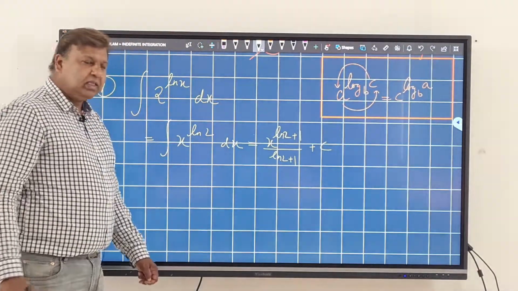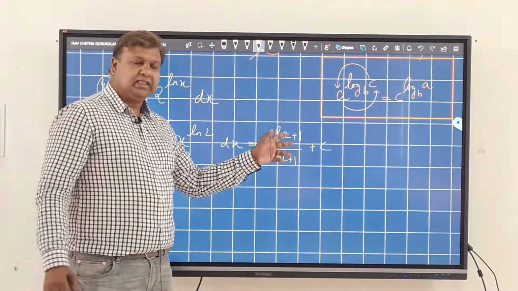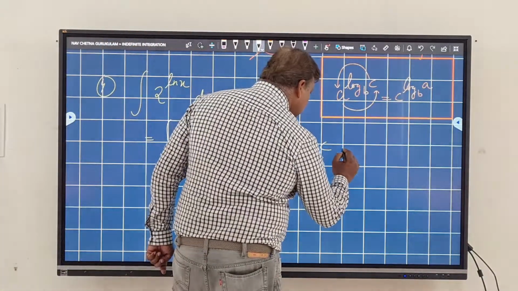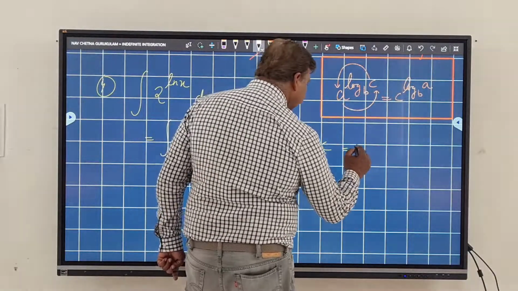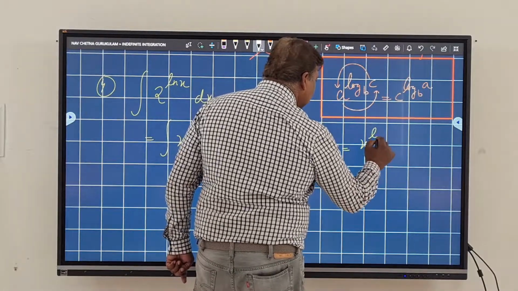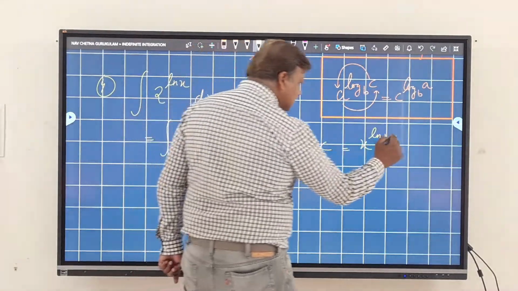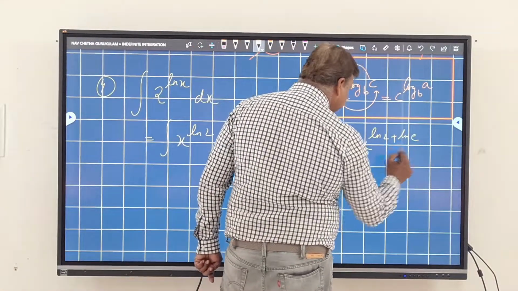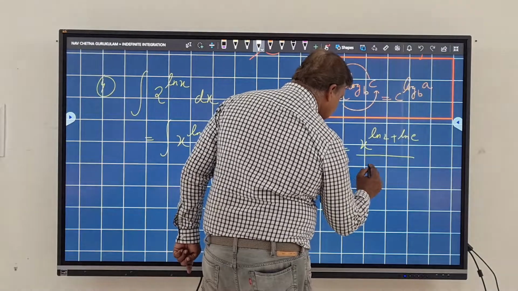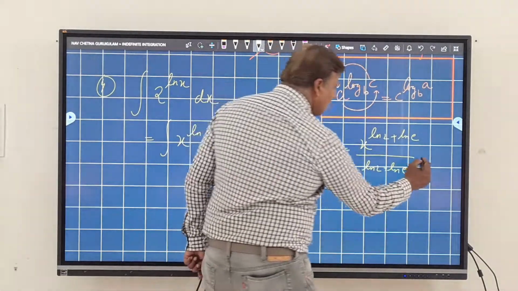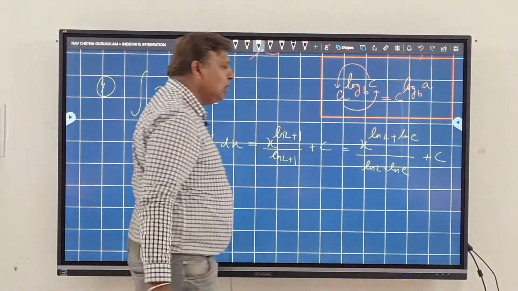You might not find this answer exactly matching with either of the choices given in the question. You may get it in this form. X to the power ln 2 plus 1, this 1 can be written as ln e. Similarly here, ln 2 plus ln e, and obviously plus c.